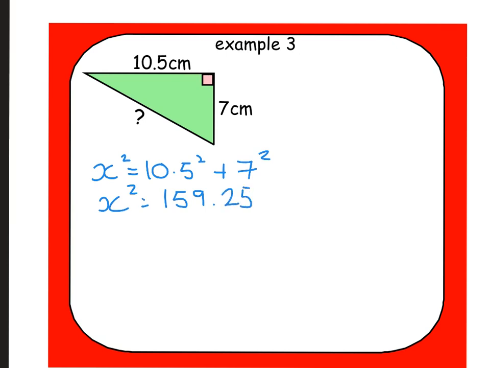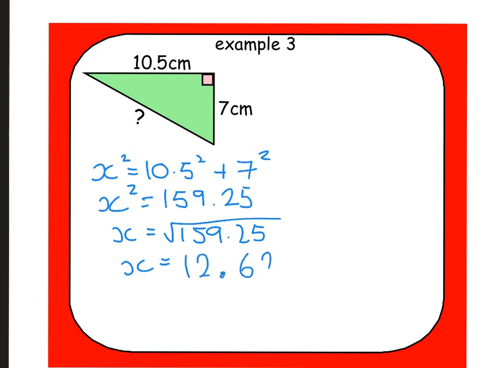Do not dare round that, keep it exact, okay? And then we're going to do the square root of that number. And again, to 2 decimal places, that will be 12.619, so 12.62 centimetres. To 2 decimal places.